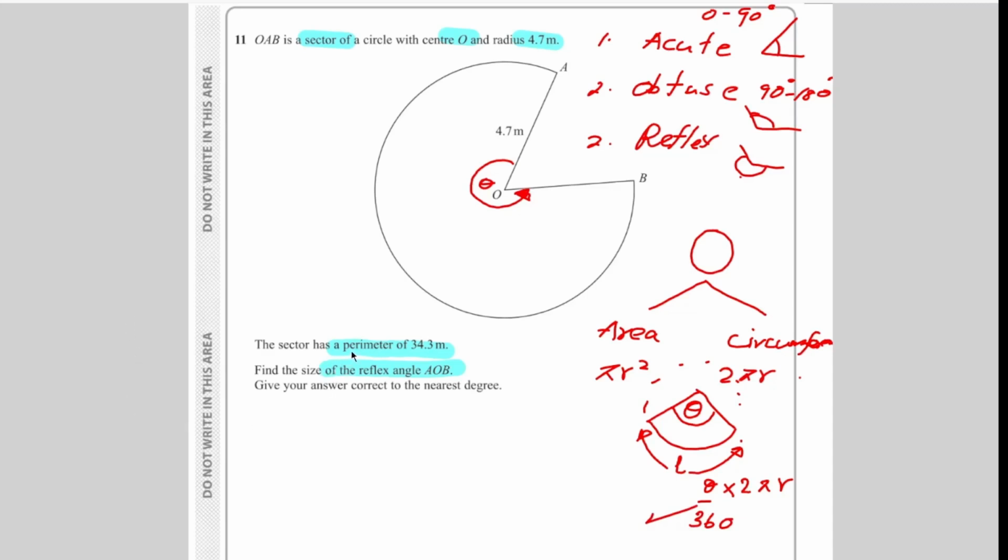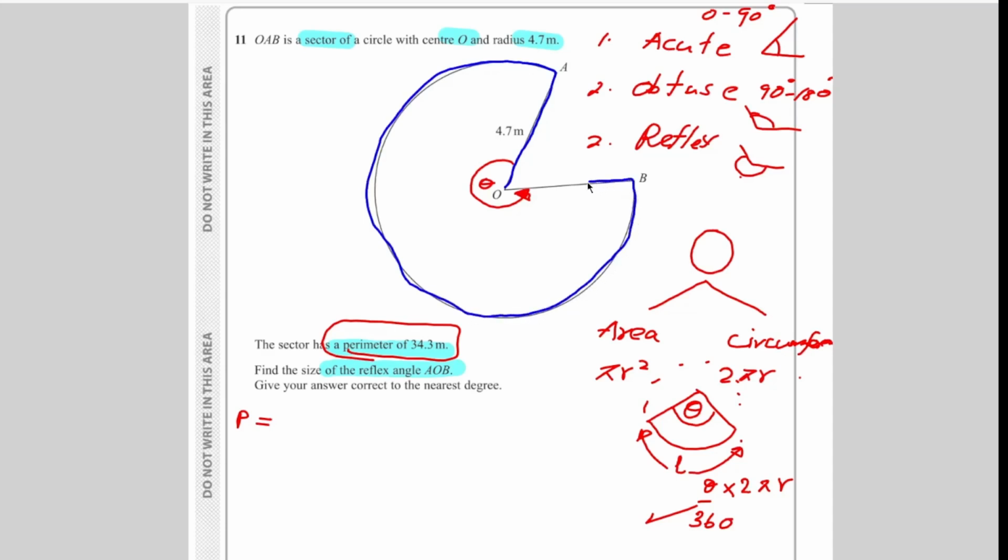Now the perimeter is given. Perimeter is the addition of this length, this arc, and this length, which means r plus r plus the arc length.